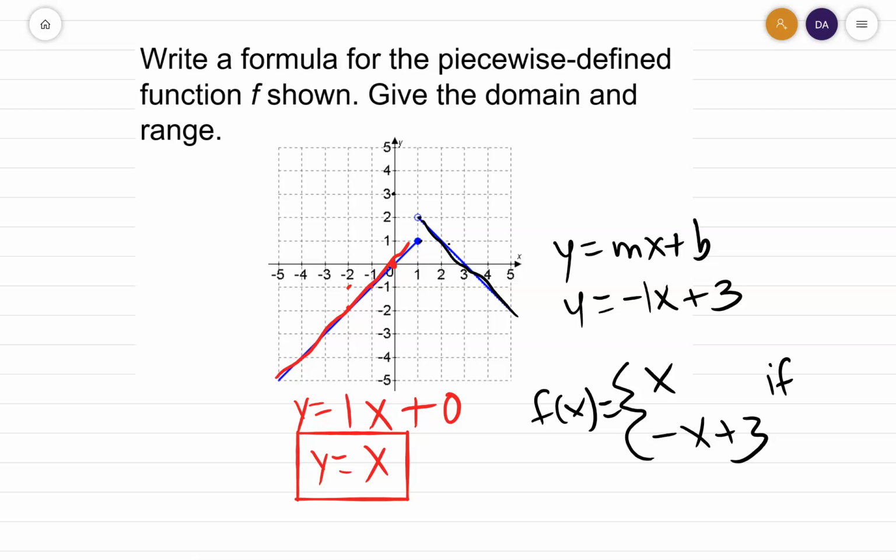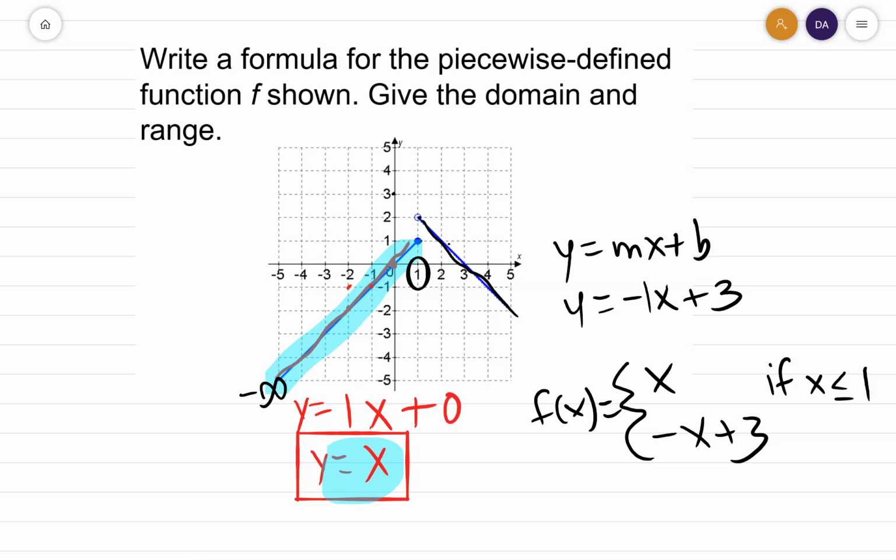When do we graph this? When do we graph this? Well, how about from negative infinity up to and including 1. So how do I write that? If x is less than or equal to 1.